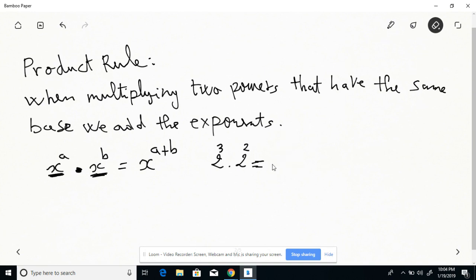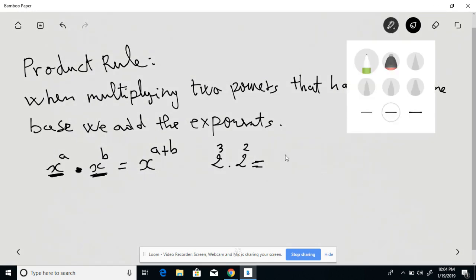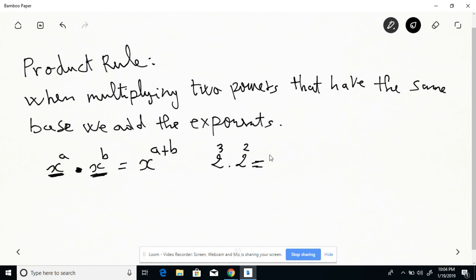So here we have 2 to 3, that means 2 three times. 2 times 2 times 2, this is the first one, 2 to 3, times 2 times 2, this one here.